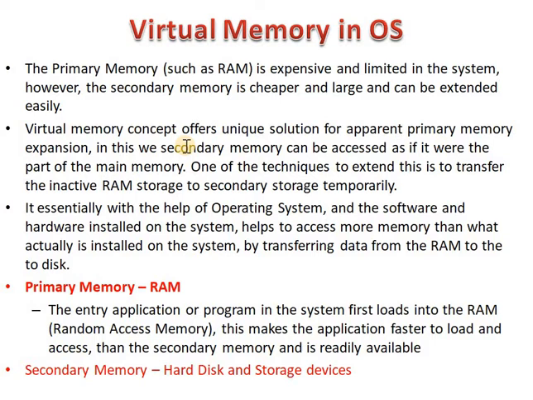The primary memory takes memory from a secondary storage, that is, the memory is taken from the disk, but it acts as a primary memory. It acts as the computer's main memory. This is virtual memory. In this case, the memory is not physically present in our computer system, but its appearance is there.